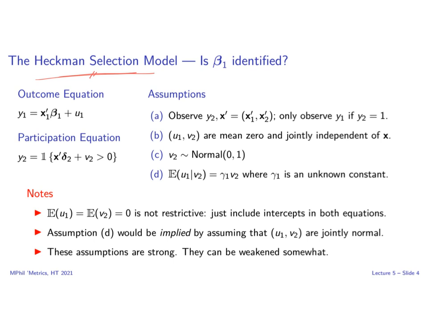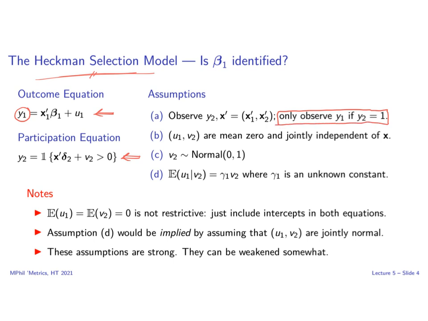The Heckman selection model is based on the following two equations. The first is called the outcome equation, and the second is called the participation equation. The outcome of interest, y1, is only observed for people who participate. In other words, people for whom y2 is equal to 1.